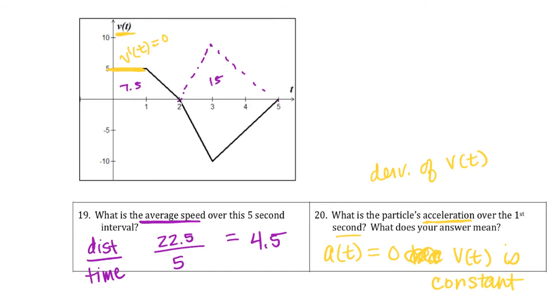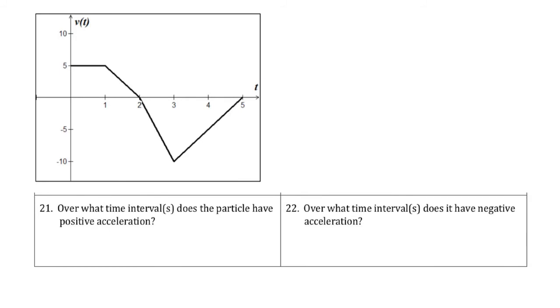Okay, moving on. For our next question, over what time intervals does the particle have positive acceleration? So positive acceleration, that's going to be where our velocity function is increasing.